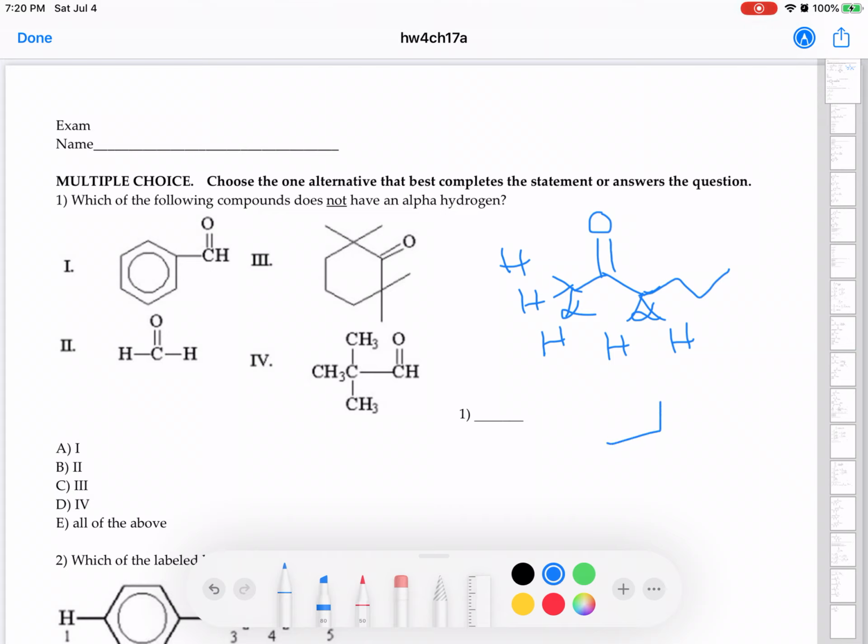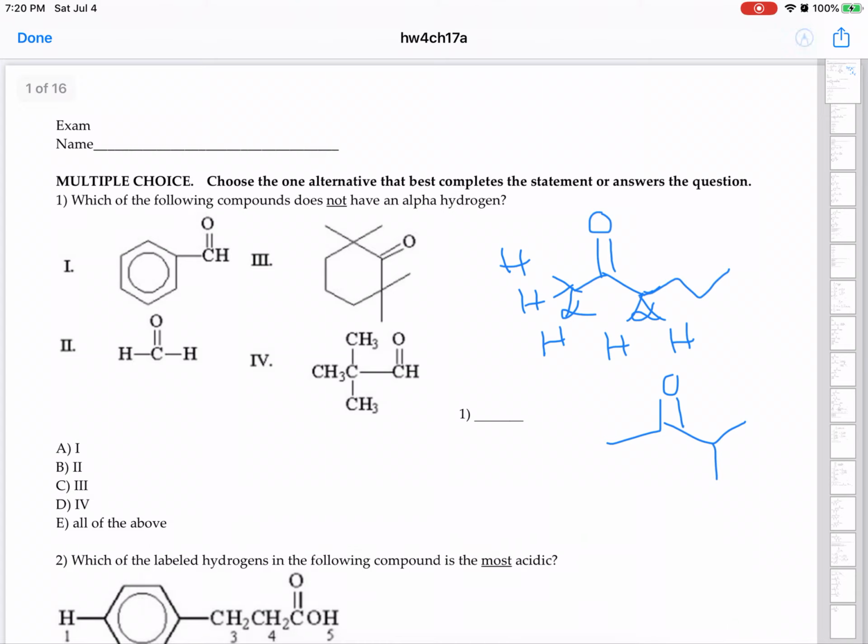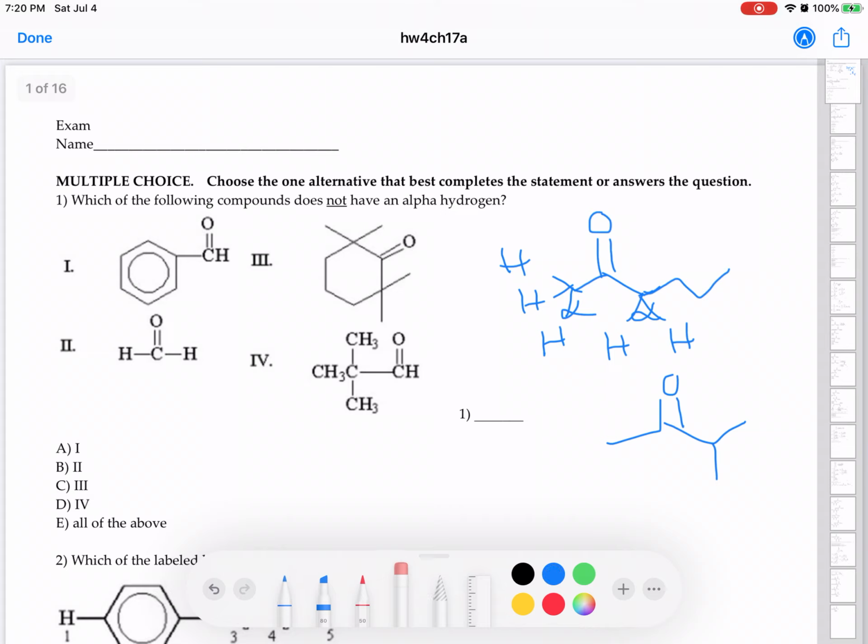Now if you have this molecule right here, that's a terrible drawing. I don't like that. I'm going to erase it. Let me redraw that. If you have this, these are all methyl groups. And how many alpha carbons do we have? We still have 2 alpha carbons.